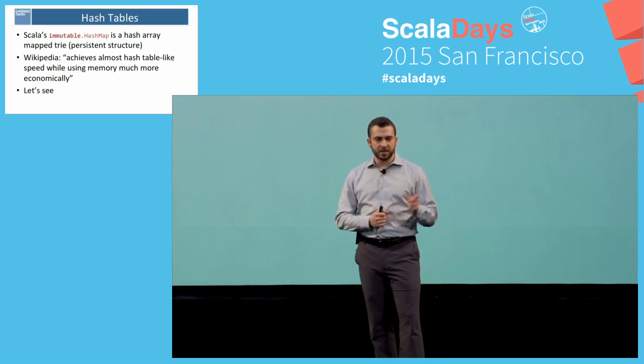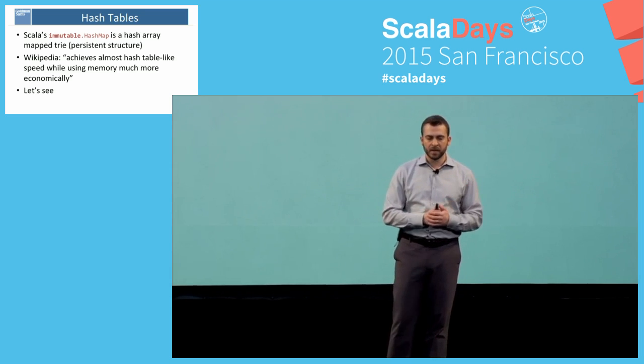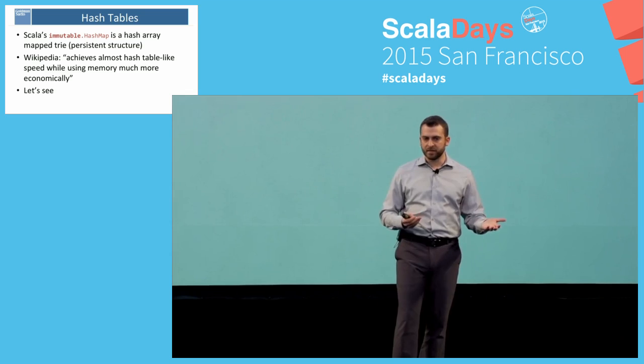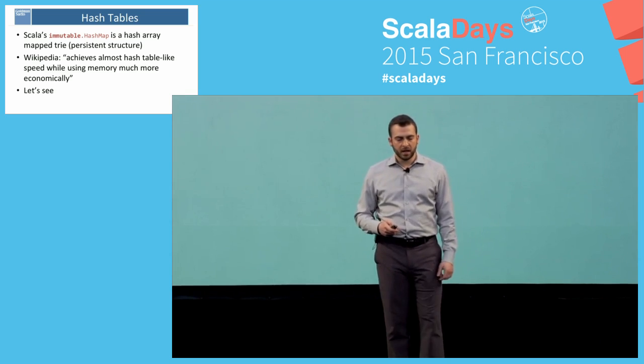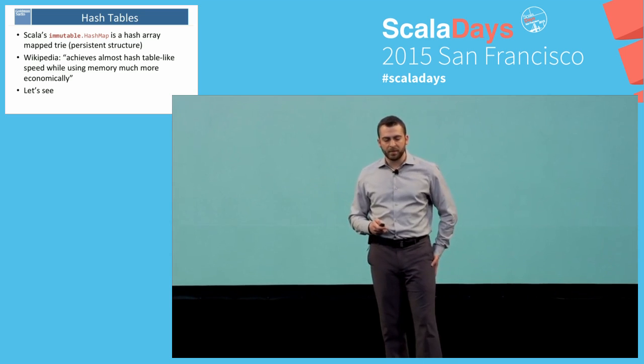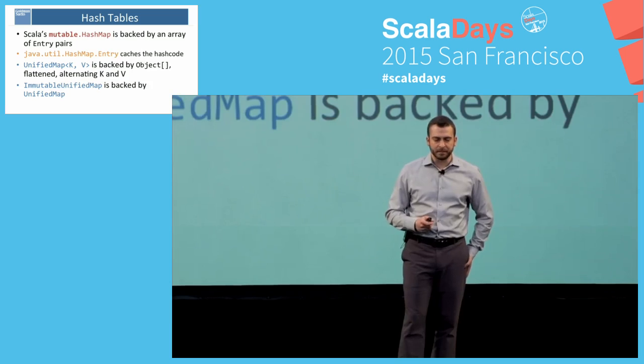We can split the hash code into 7 pieces, and so it means that the tree is no deeper than 7 ever. So we don't say it's log n performance because it's just log 7, we just treat it as a constant. According to Wikipedia, it achieves almost hash table-like speed while using memory much more economically. So I have tests for speed and memory, so we'll see.